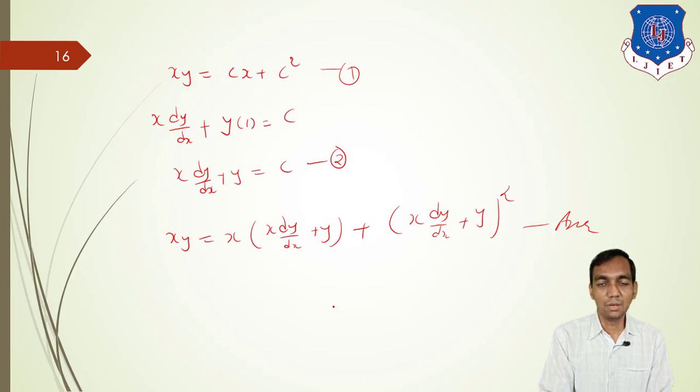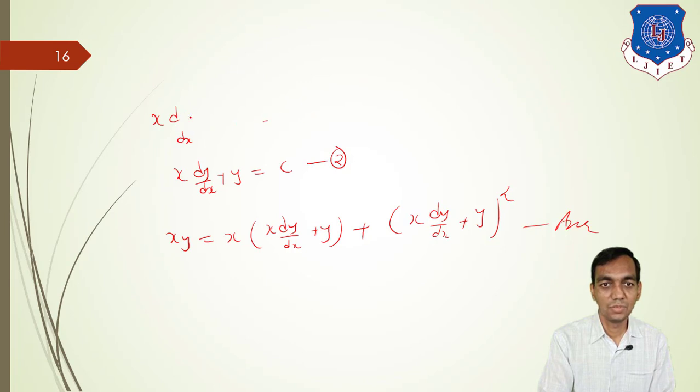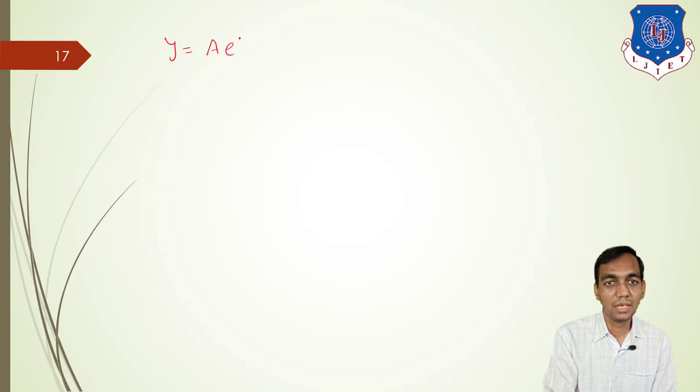Okay. Now here what we have is a first order derivative. But now we are going to discuss one more example with a higher order derivative. Okay. Like, see, suppose y is equal to a e raised to 2x plus b e raised to 3x.